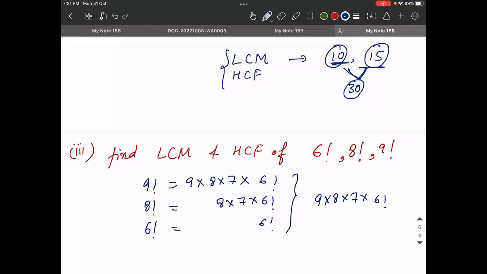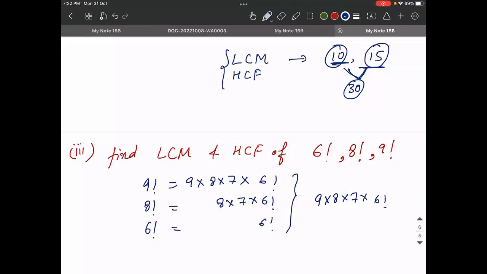I don't know the value. Now you are telling me that 9, 8, and 6. Why do you need 7?